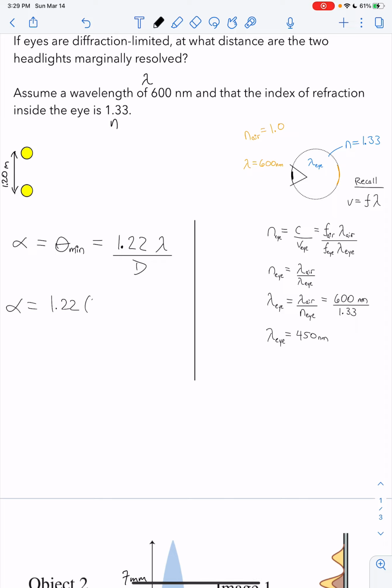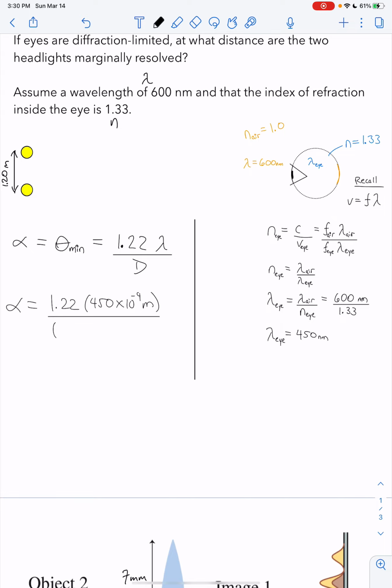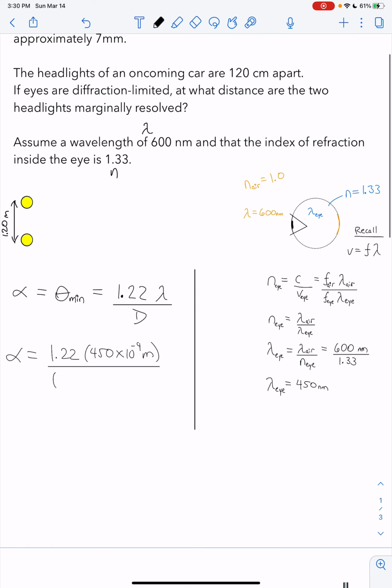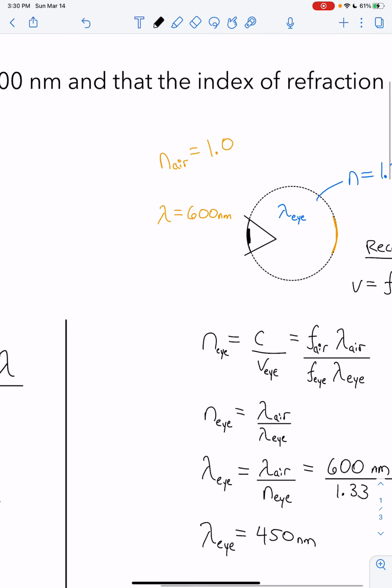So we can say that's 450 times 10 to the negative 9 meters, and that's all over D. And in our case, our D is going to be equal to, I can write down here, our 7 millimeters. Maybe I'll just note that. So our D value is 7 millimeters.